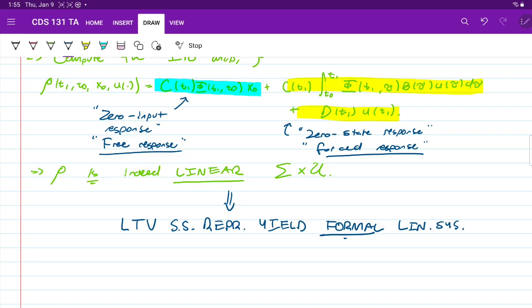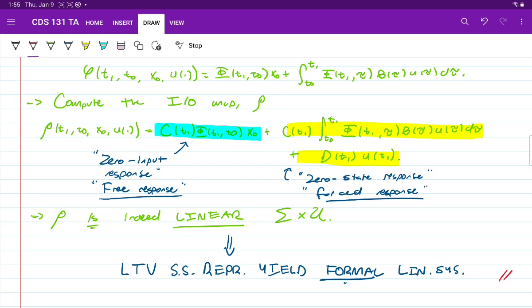By formal linear system, I mean a linear I/O causal dynamical system in the sense in which we defined in lecture 1. So that pretty much completes this process. We verified that these linear time varying system representations do give us formal linear dynamical systems. What's more, we learned a little bit about the structure of these dynamical systems.